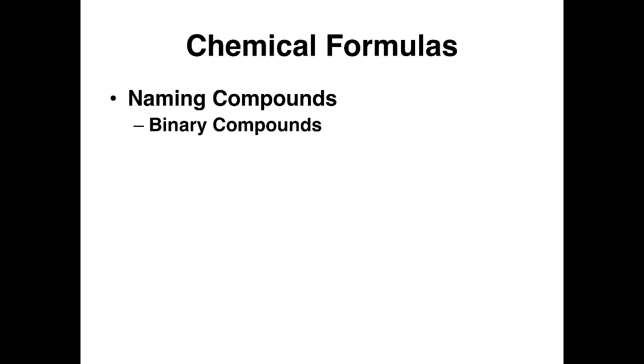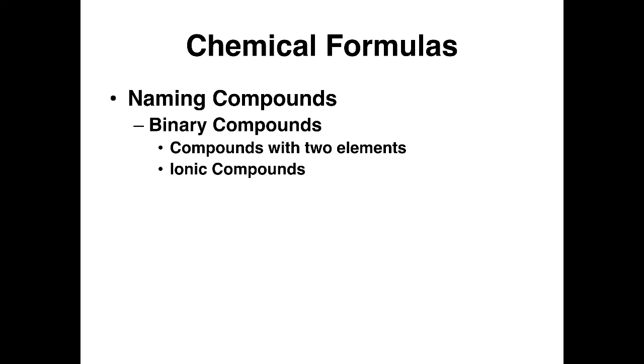First of all, how do you name binary compounds? You name binary compounds by giving the name of the cation, calcium, hydrogen, etc., and then the anion takes the suffix IDE. So, first of all, a binary compound is a compound with two elements.